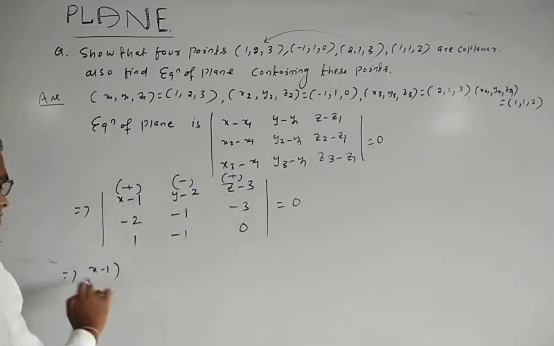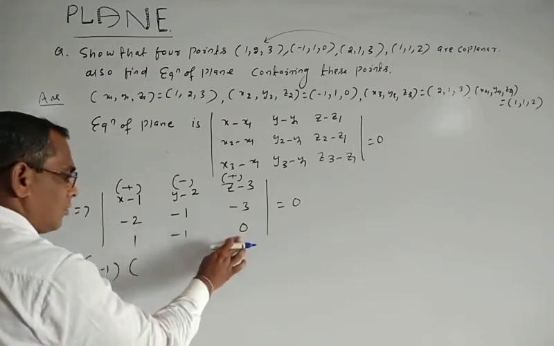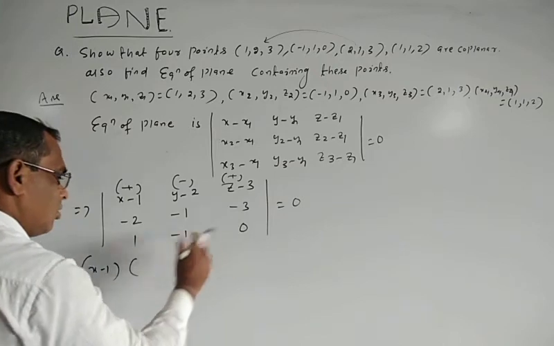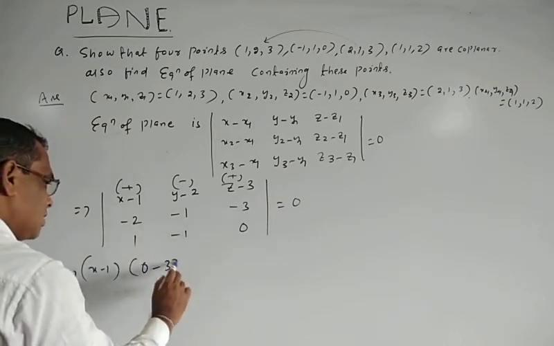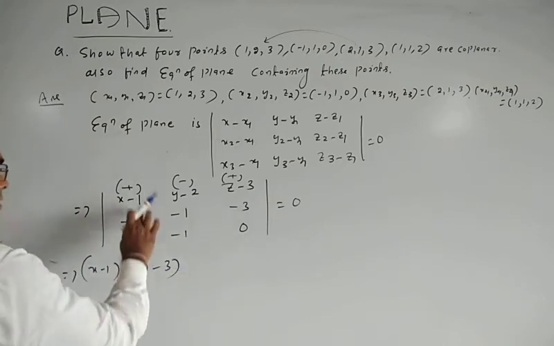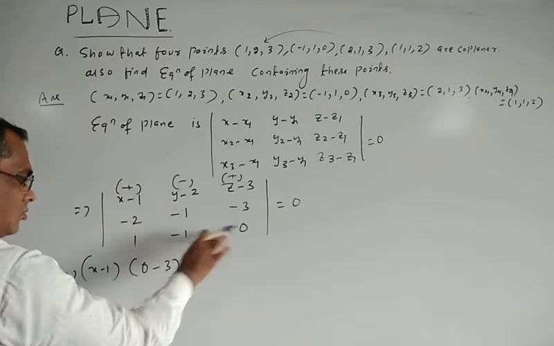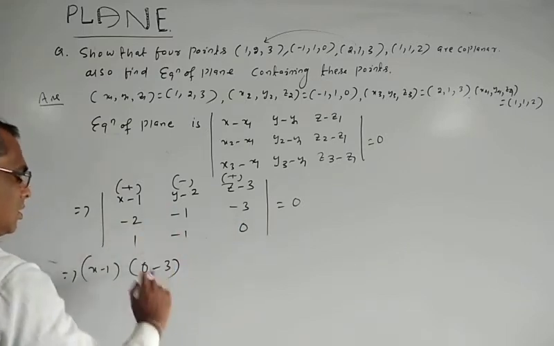So x minus 1 into, okay, minus 1 into 0, minus 1 into 0, 0 minus 3, minus 1 into 0, here minus 3.